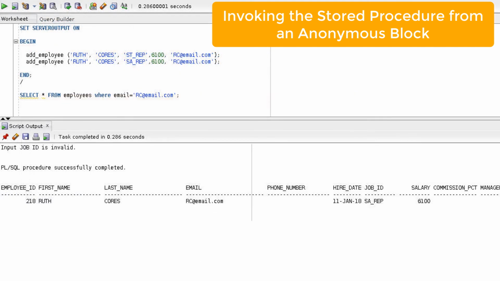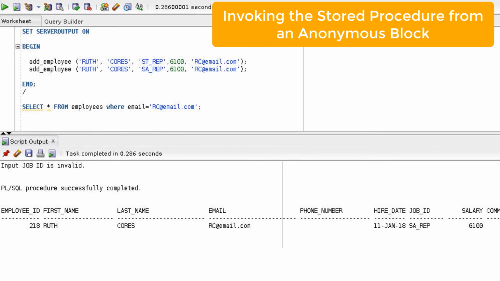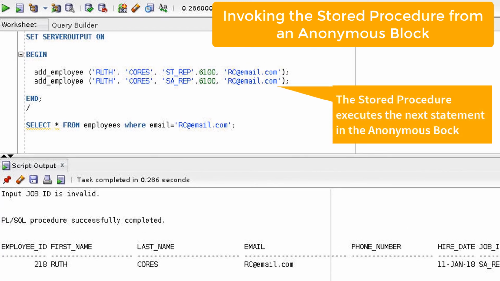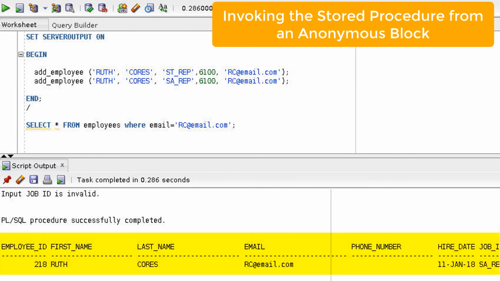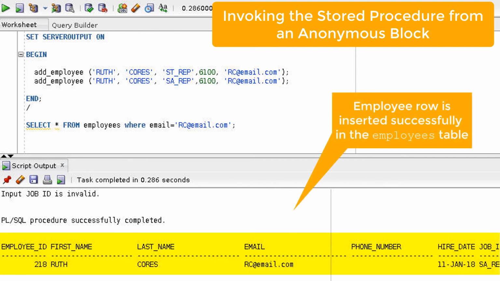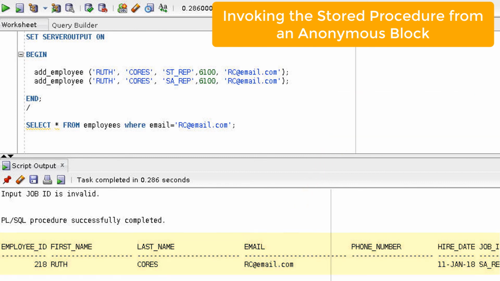Because the exception is handled in the stored procedure, the execution doesn't stop abruptly and it executes the next statement in the anonymous block. As the input job ID passed in this invocation is valid, the employee row is inserted into the employees table successfully and the stored procedure completes successfully.